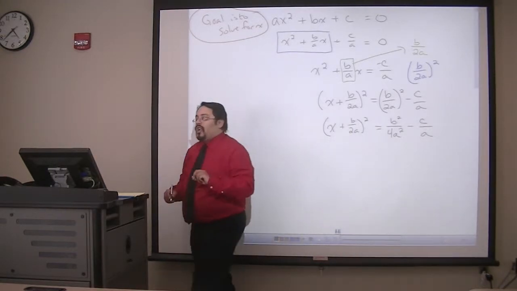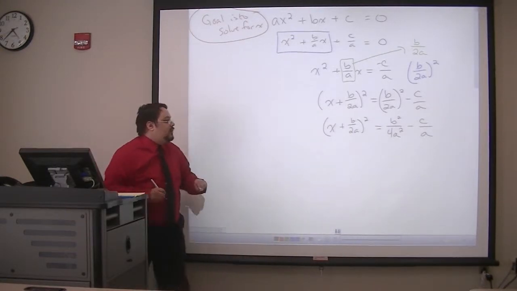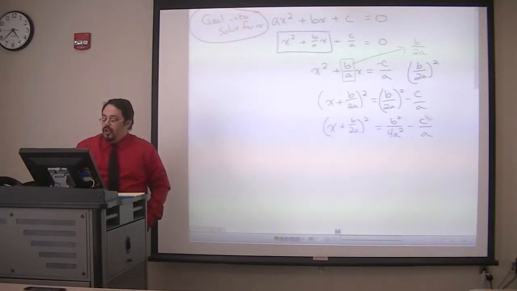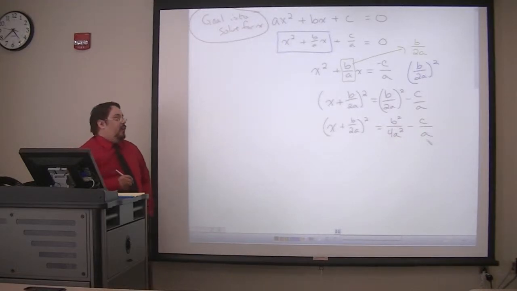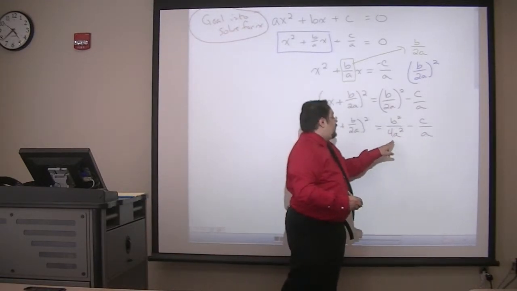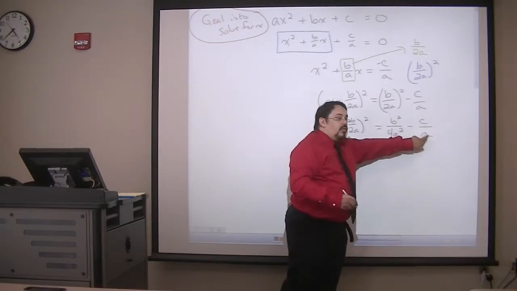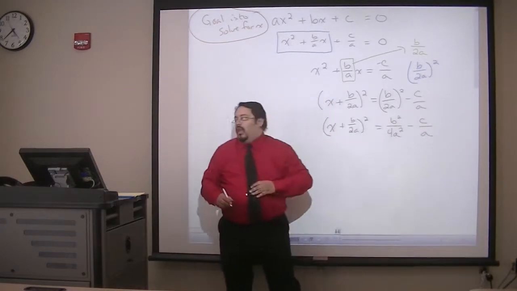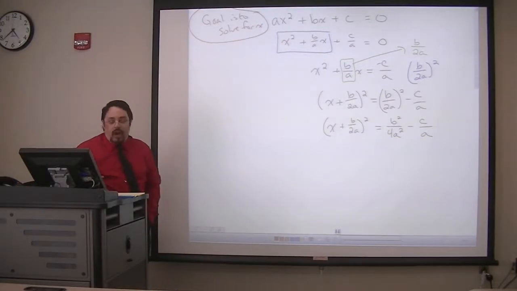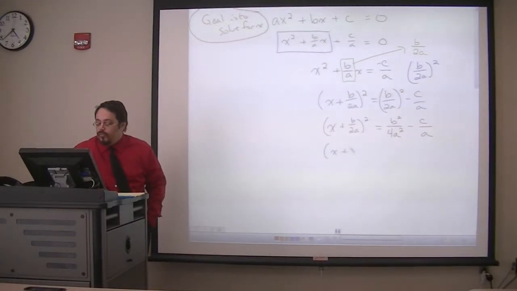And in order to add or subtract fractions, we need common denominators. And you see here, if we multiply that second fraction's denominator by 4a, we get 4a squared for both of these. So whatever we do to the denominator, we have to do to the numerator. So we're going to multiply both the top and bottom by 4a.